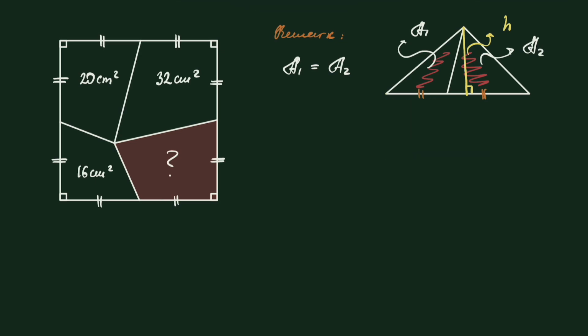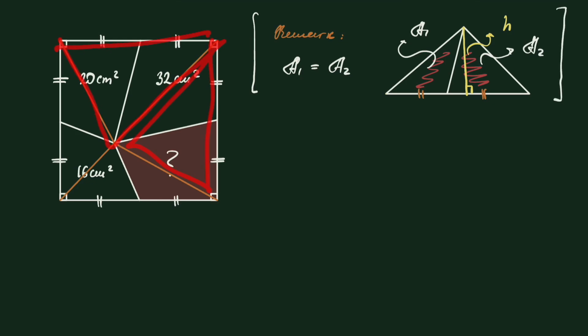Now considering this, you might observe that we can draw the following element. We can divide this square into 4 triangles because we know that each side of the square is divided into 2 equal length sides. So we might take advantage of this remark. Okay. Now we have 4 triangles. This one, this one, this one, and this one. And as you may note, each of them has a side which is divided into 2 equal parts.